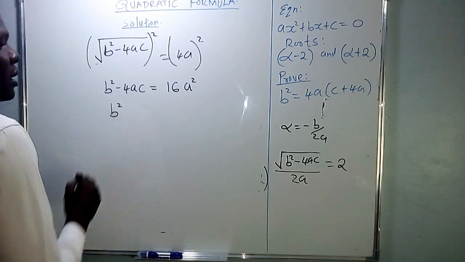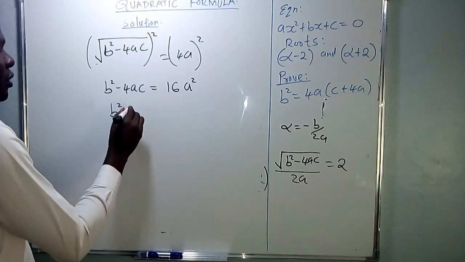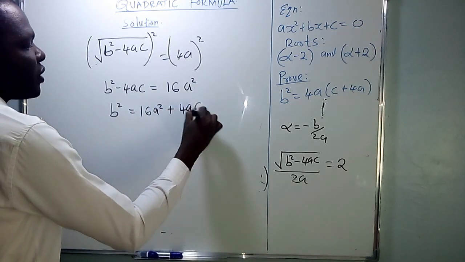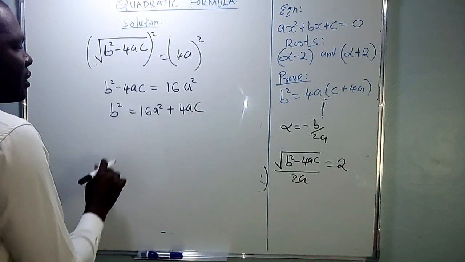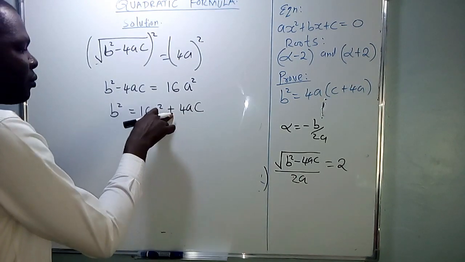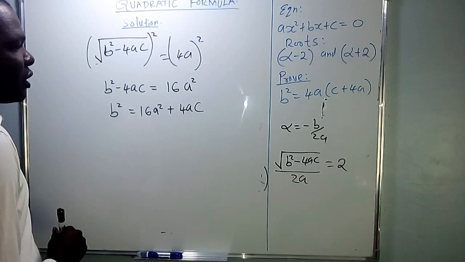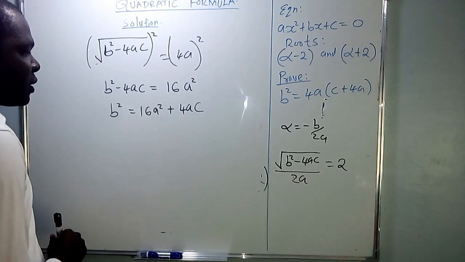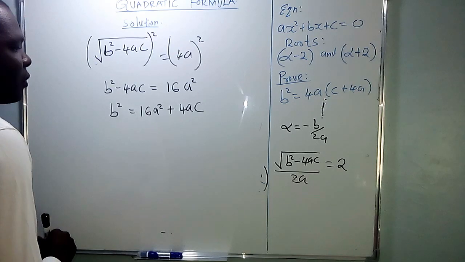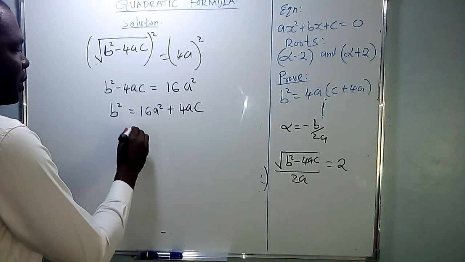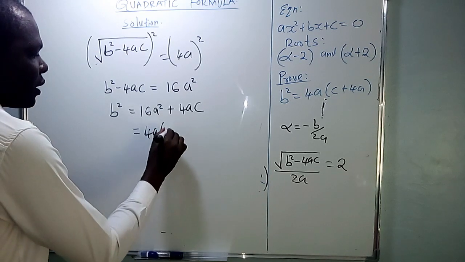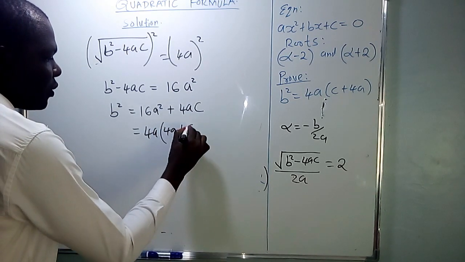Here we remain with b squared equals 16a squared plus 4ac. Negative 4ac, when it goes to the other side, becomes positive 4ac. On the right hand side we factorize out the common factor, which is 4a. If you factorize out 4a, you remain with 4a times 4a plus c, isn't it?